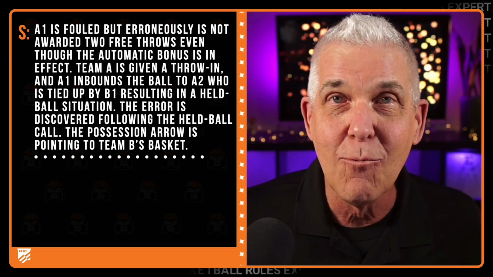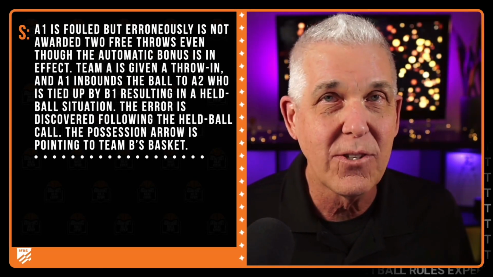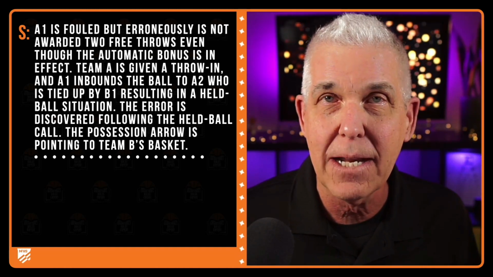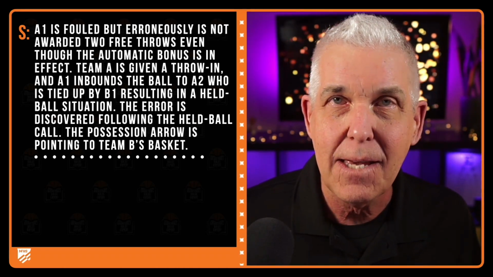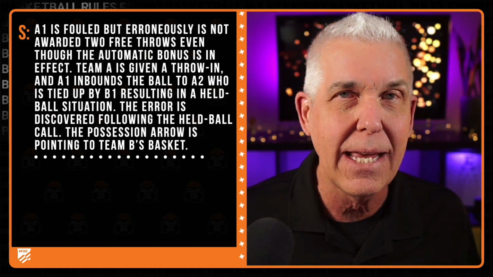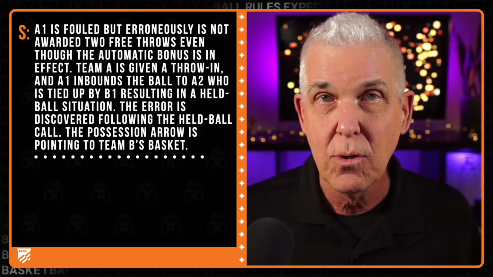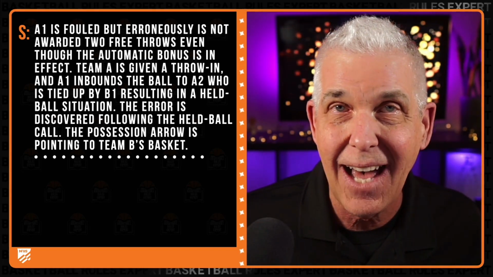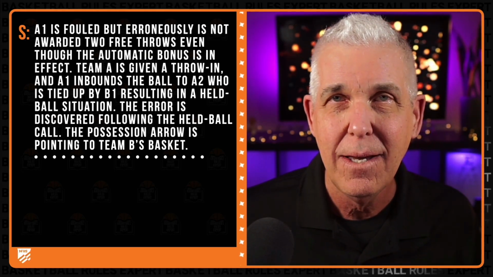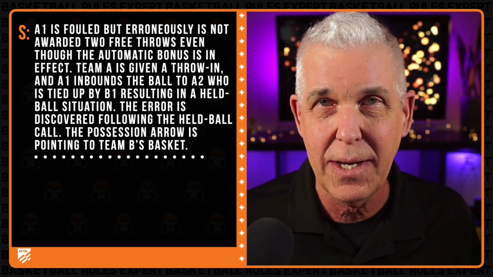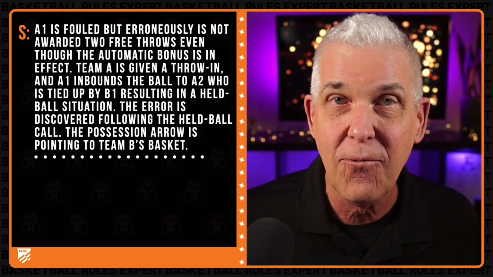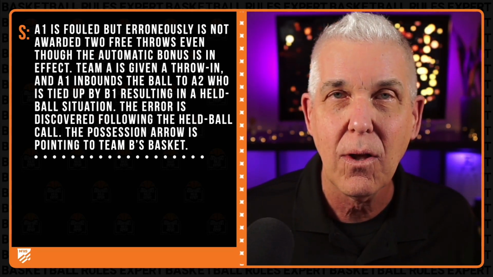A1 is fouled, but erroneously is not awarded 2 free throws, even though the automatic bonus is in effect. Team A is given a throw-in, and A1 inbounds the ball to A2, who is tied up by B1, resulting in a held ball situation. The error is discovered following the held ball call.